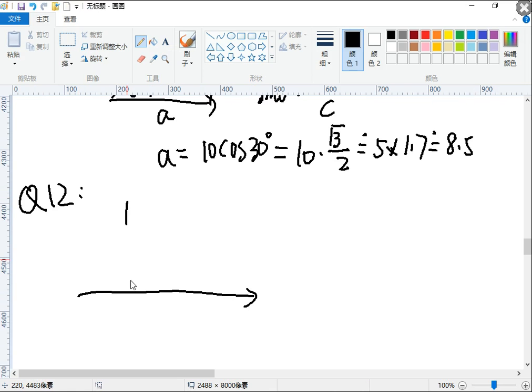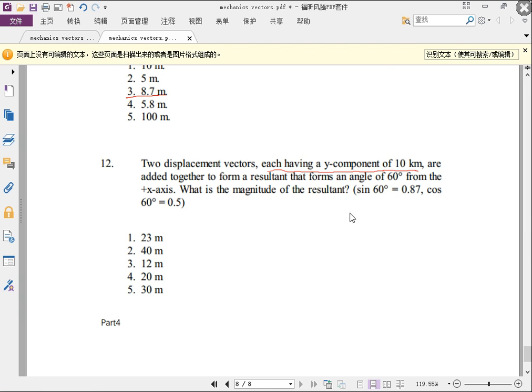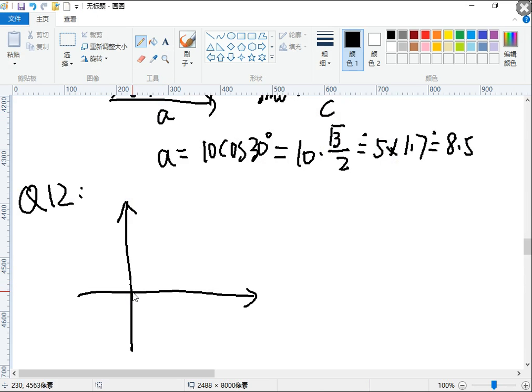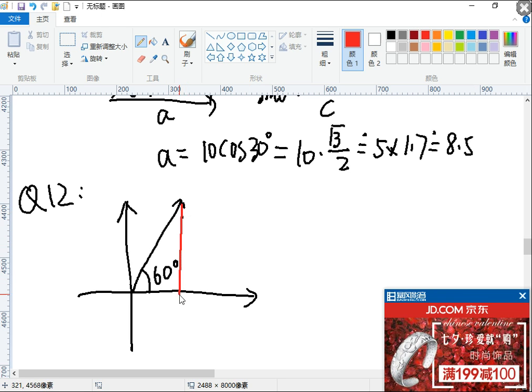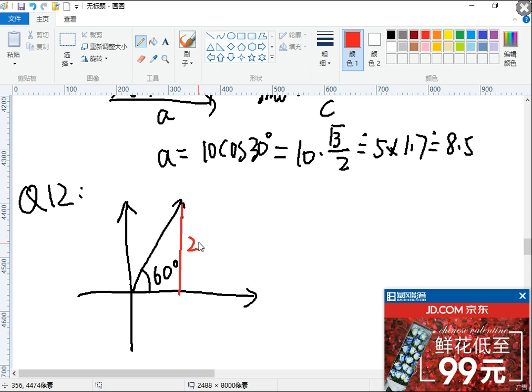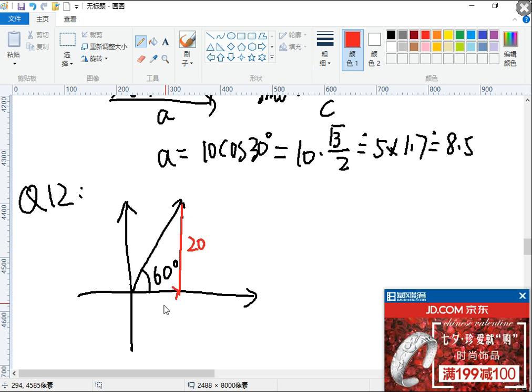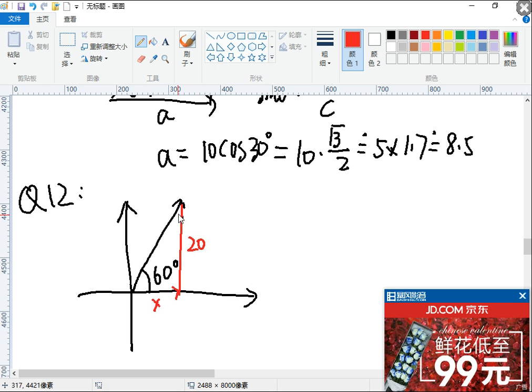Firstly, we have the Cartesian axis, and secondly, we know that the resultant is a vector pointing this way with an angle theta equals 60, and this time we know the vertical should be 20, and we don't know x component, but it doesn't matter.